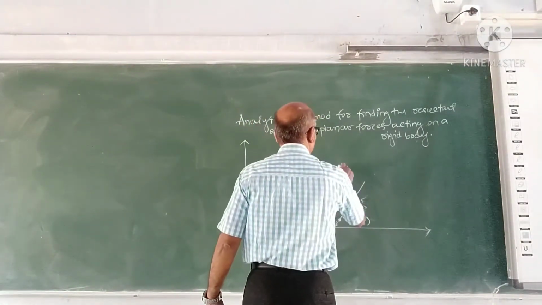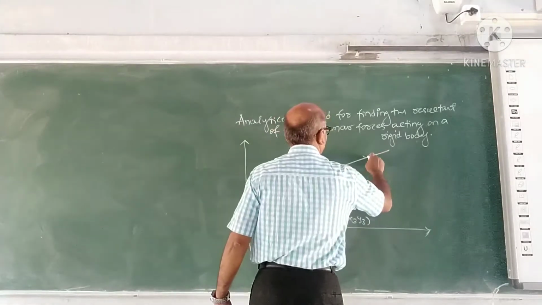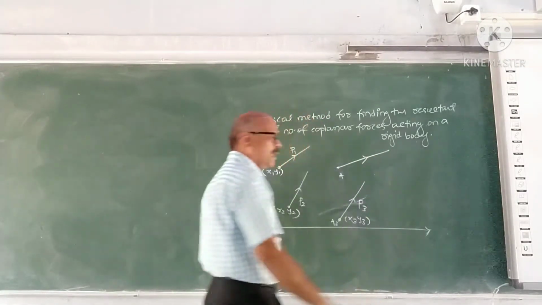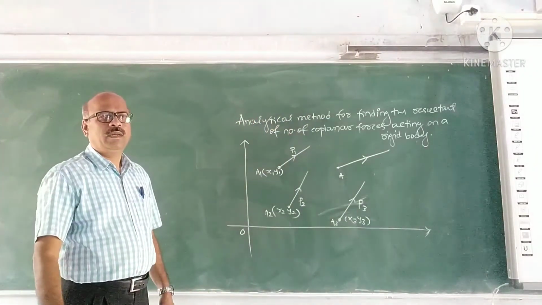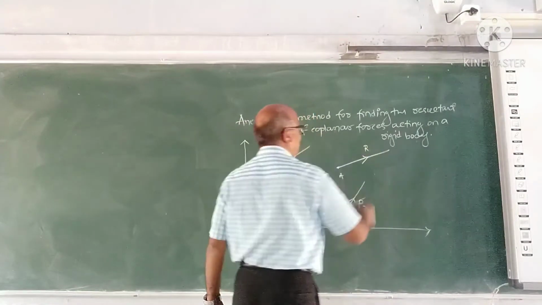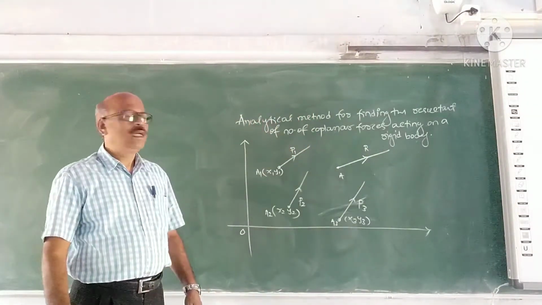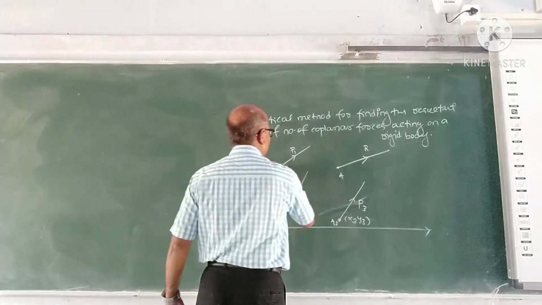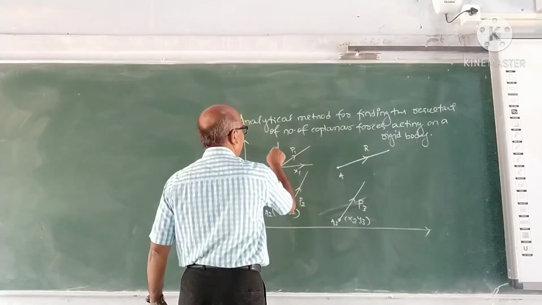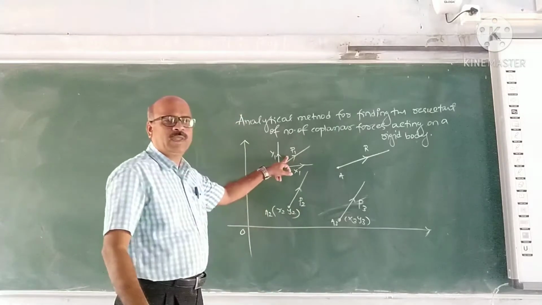Suppose the resultant of these forces acts through, say, the point A, and suppose it is R. Now we use resolved parts here. Suppose x1, y1 are resolved parts of P1.